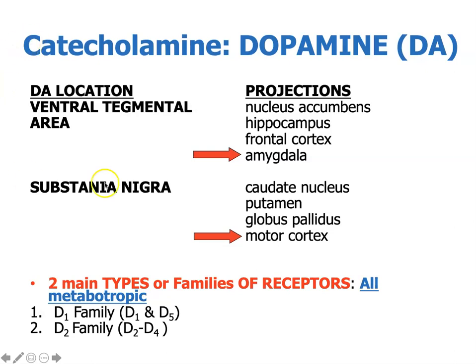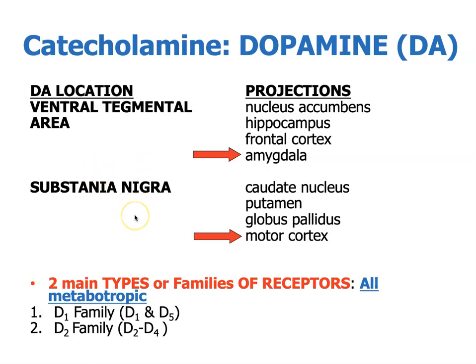We know the substantia nigra, again not on here, in addition to these projections that affect motor function, will also affect eye movement, planning of movement, so motor planning, reward seeking, learning, and then addiction.